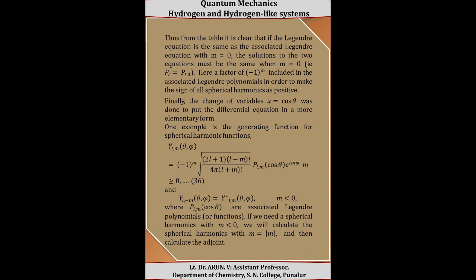If we need spherical harmonics with m less than 0, we will calculate the spherical harmonics with the absolute value or modulus of m and then calculate the adjoint.